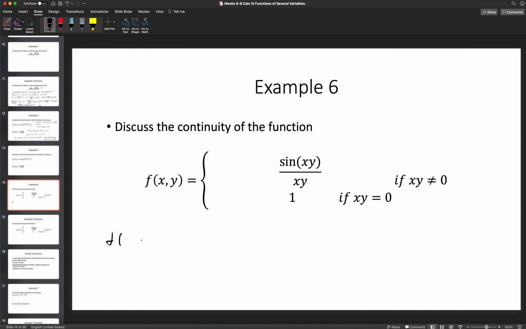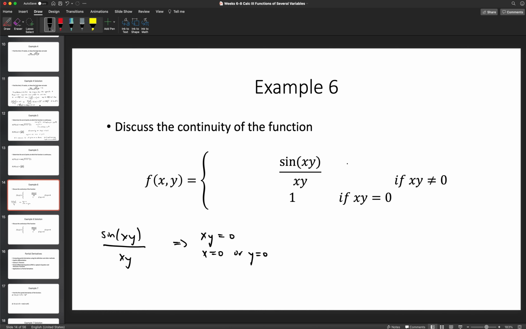So what makes sine of xy over xy undefined? That's when x or y is 0, or x times y is 0, which implies that x could be 0 or y could be 0.